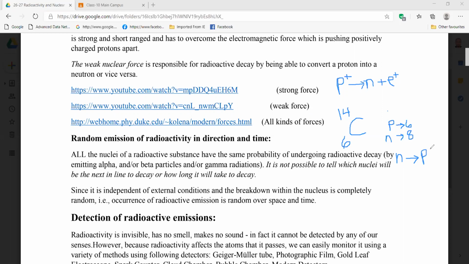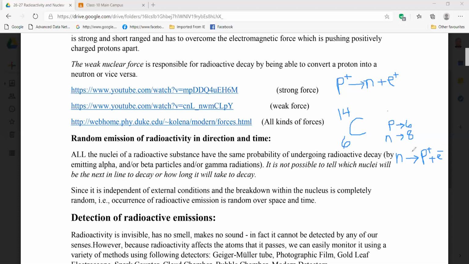So here we are getting a positive proton and then a negative electron, right? That's making the charge balanced on both sides, right? On this side the charge is 0. Here we are getting plus and minus, so the charge is also becoming 0.